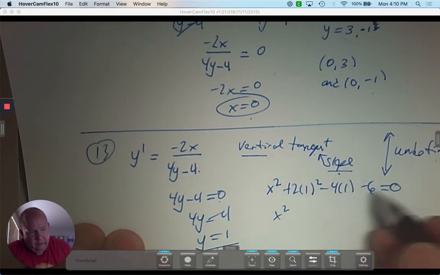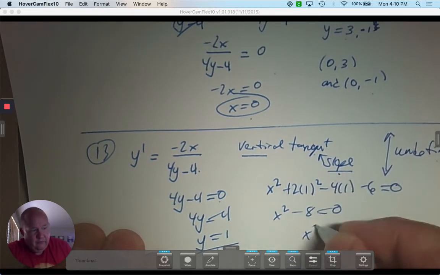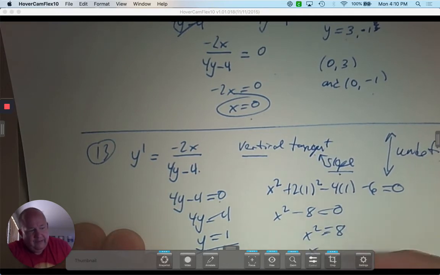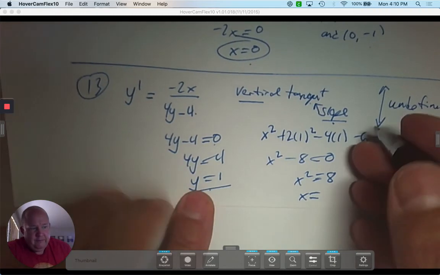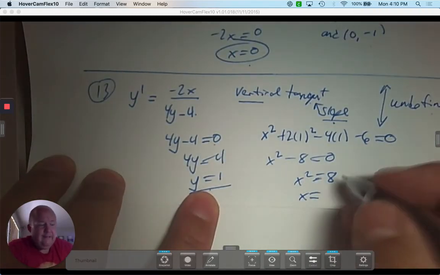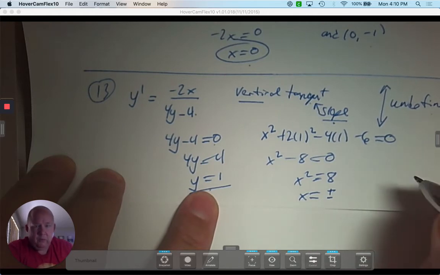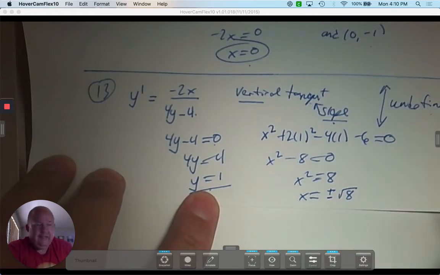So this is 2 take away 4 take away 6. That's -8. When I solve this, I'm not going to worry about simplifying the square root. I don't think that's necessary. But when you square root both sides, when you solve the quadratic, recognize the answer could be positive or negative. And it's root 8. And yes, you could write it as 2 root 2.